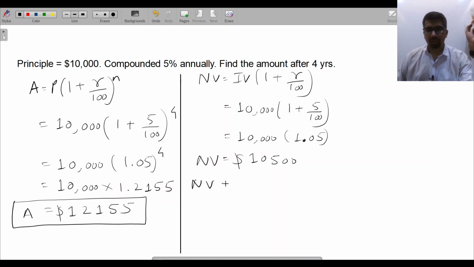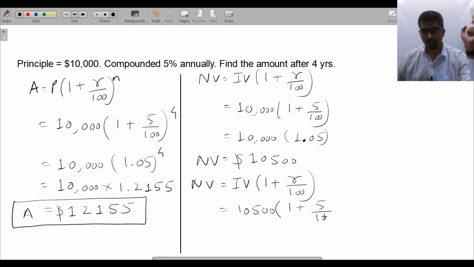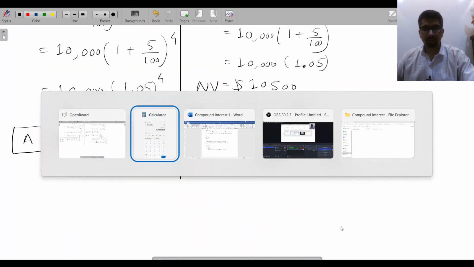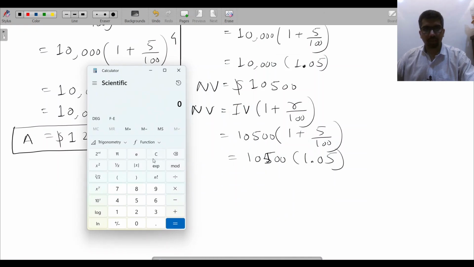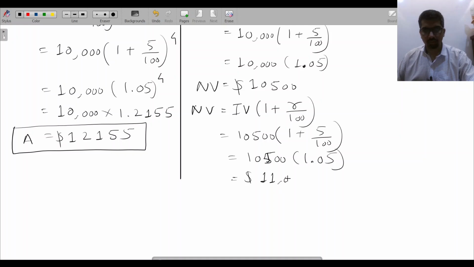In the second year, the formula remains the same, but the initial value will be 10,500 and not 10,000. Multiplying 10,500 by 1.05, you get $11,025. This is the new value at the end of the second year.